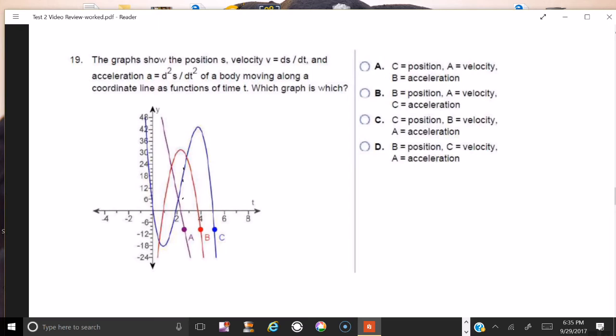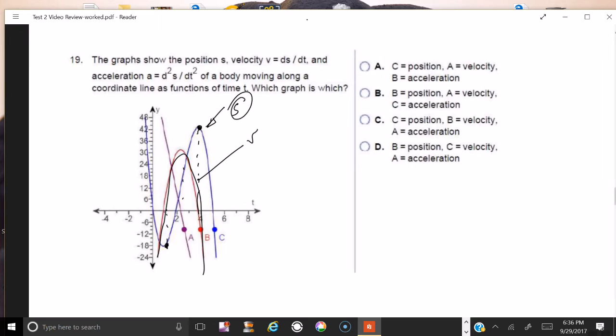Let's say the more complicated function here is position S, which is C. And look at its derivative. Its derivative is 0 at this point, 0 at this point, and lo and behold, where its derivative is 0, there's another graph here that's going through 0. So that sort of makes sense that this could be the velocity, which is the derivative of the position.